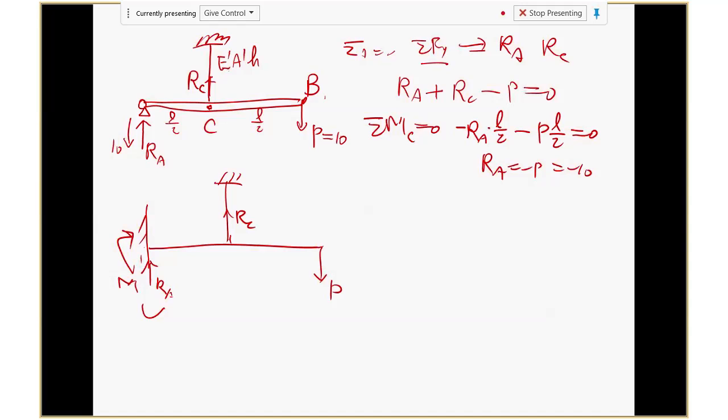Negative P? See here, you already have this equation. Put RA into this equation. What's RC? 20. So RC will equal positive 20. Right? You have 10 here pulling, so you must hold 20. So it's intuitive, right? Okay, so we know all the reaction forces now. Now how can we find the delta B?